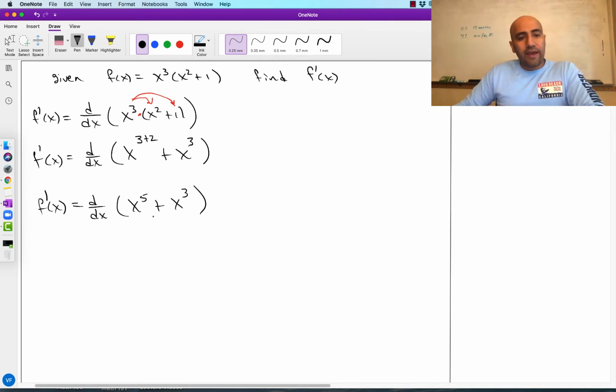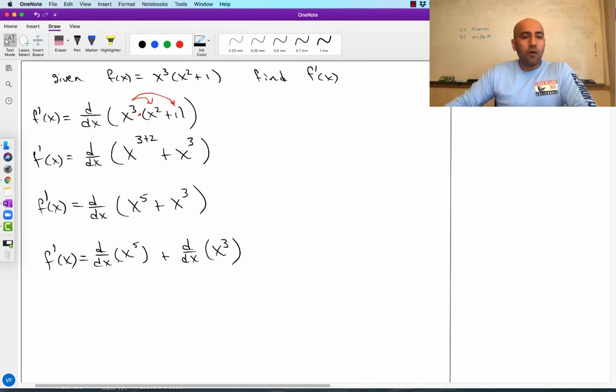We know that if we have terms being separated by additions or subtractions, we can separate it. So this would become the derivative with respect to x of x to the 5th power plus the derivative with respect to x of x to the 3rd power, like that. And now the power rule tells us that this derivative is really easy.